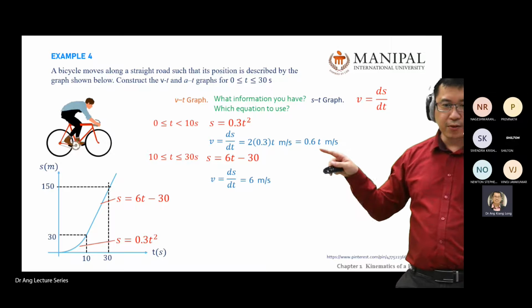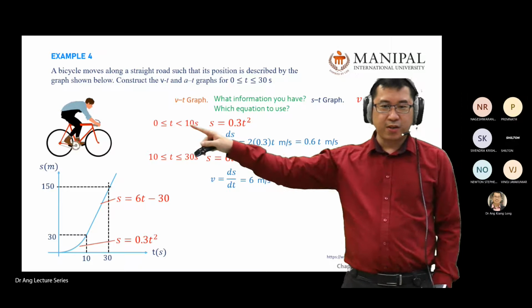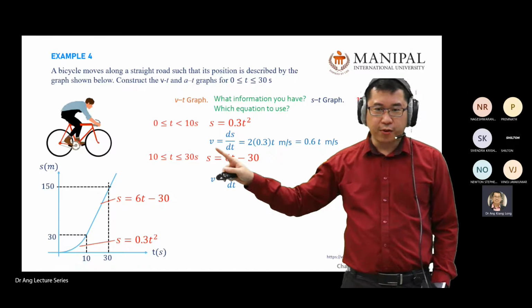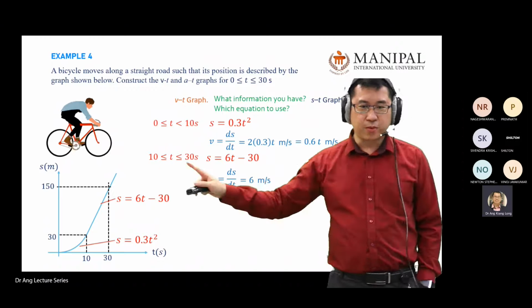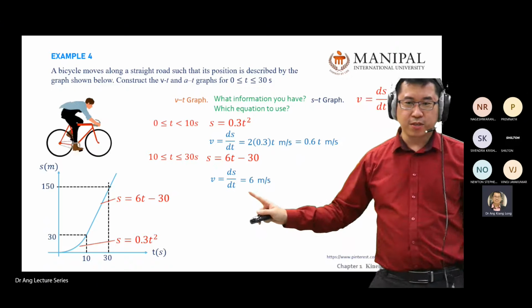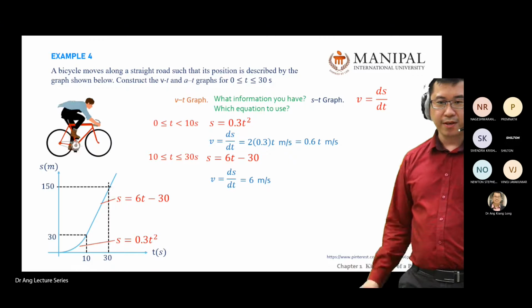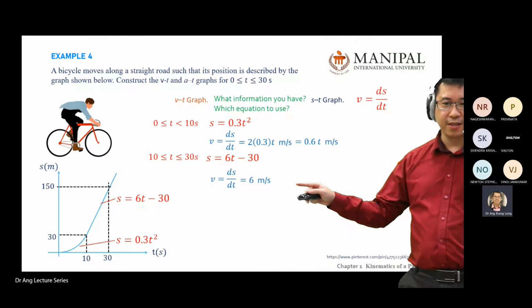Again, last chance for you to ask a question. If you don't understand why we can say 0 to 10 seconds our velocity equal to this one, 10 to 30 equal to 6 meter per second, ask now.